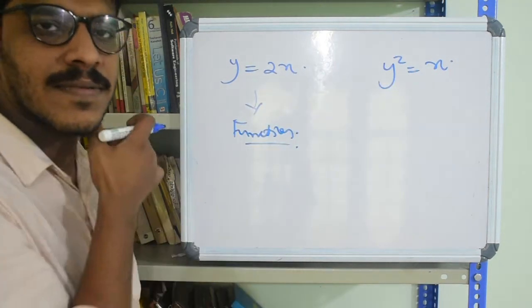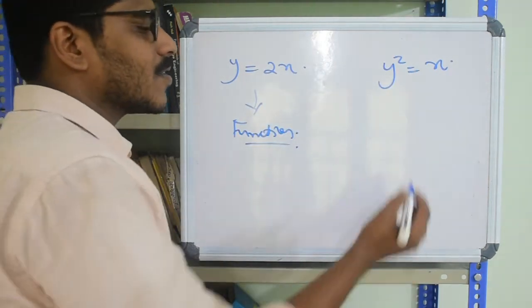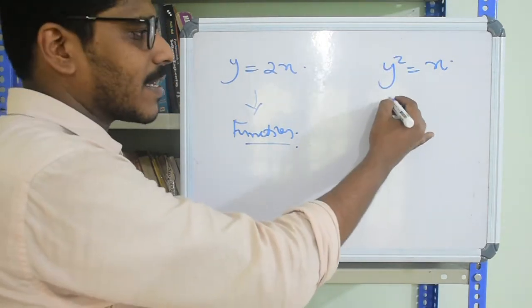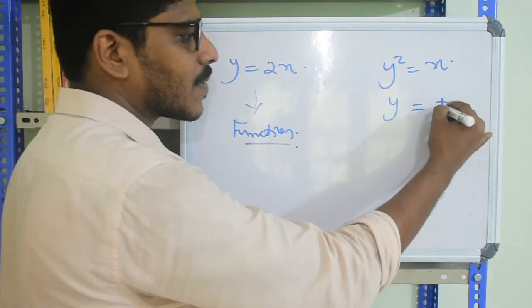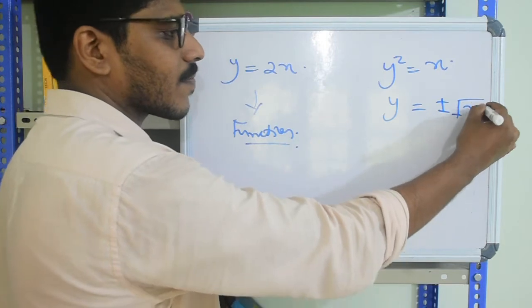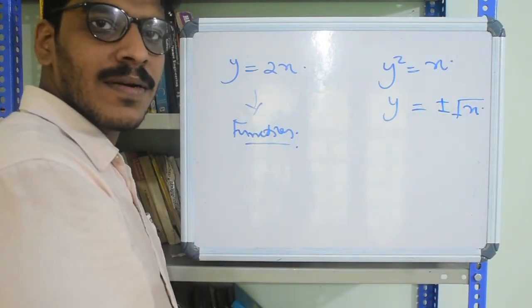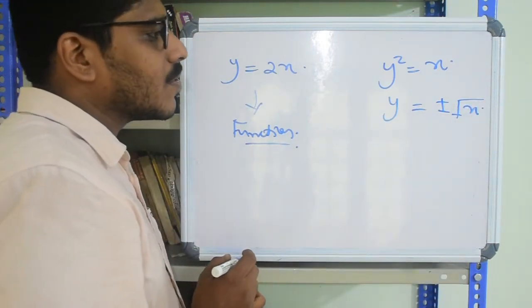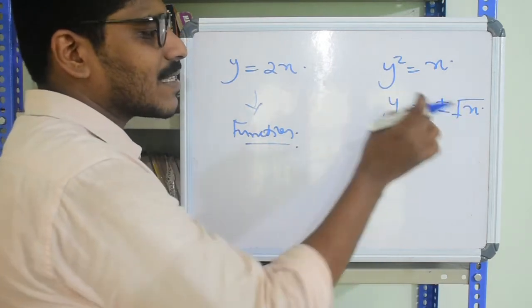What about this? This is something interesting. If I have y squared equal to x, can I rewrite this as y equal to plus or minus root x? This itself gives the information that this is not a function.